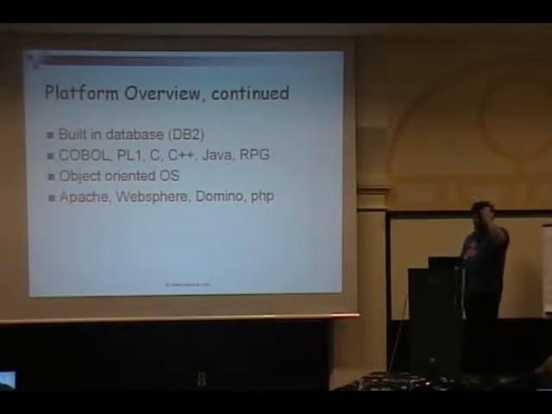So what do we have in this AS400 system right now? We have a built-in database, which is basically a flavor of DB2. We can write applications in COBOL, PL1, C, C++, Java, RPG. We have an object-oriented OS. I will get to it later on, so remember this object-oriented OS for a while.